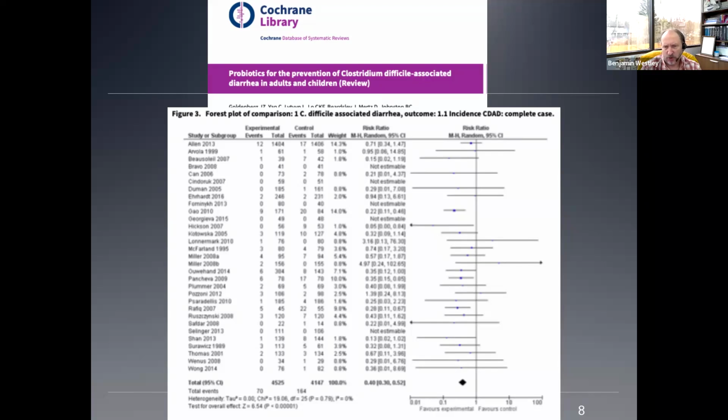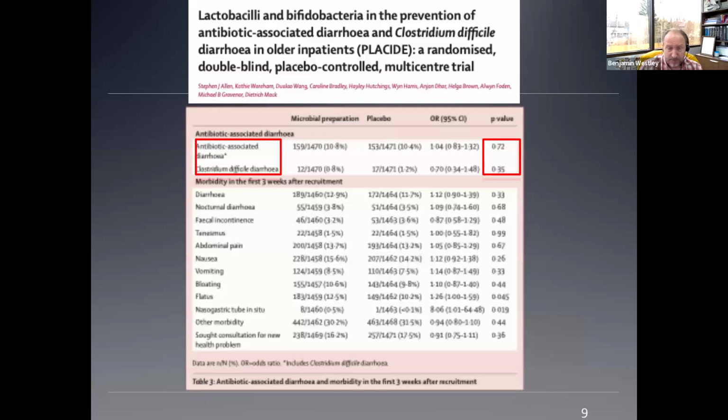But you can see that the vast majority of those studies did not show a statistically significant improvement or reduction. However, 2 larger studies more recently have pushed the needle the other way and are quoted in the guidelines as rationale for not giving probiotics routinely to prevent this.